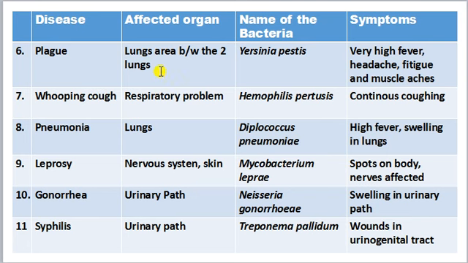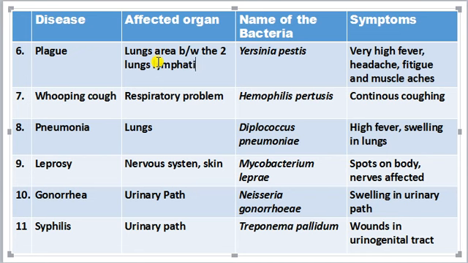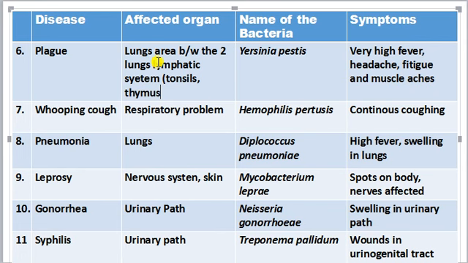So correct this: it affects the lung area between the two lungs, that means the lymphatic system, which includes tonsils and thymus. That's it. So corrected from this slide.